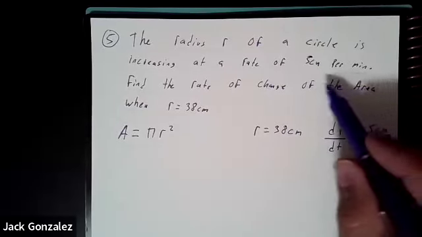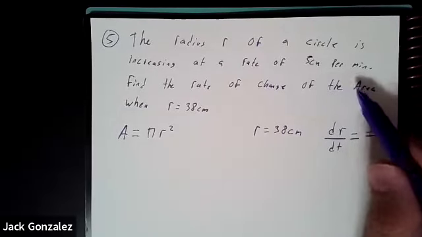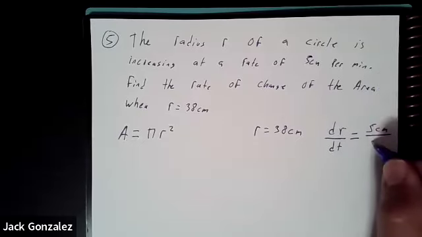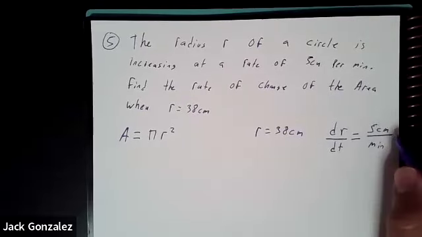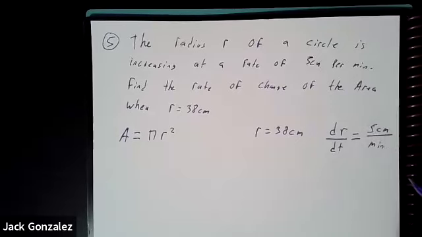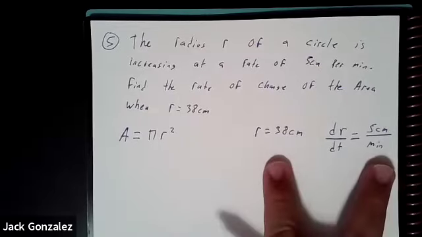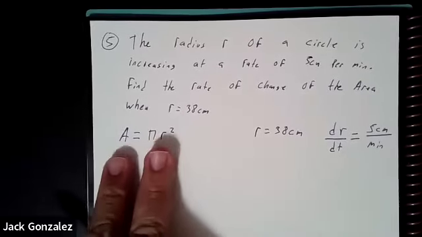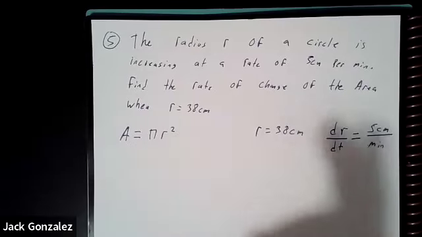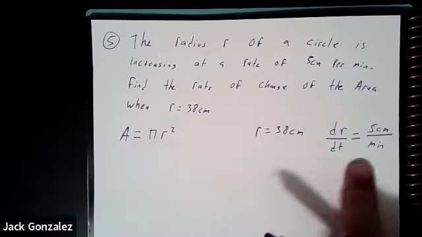It's a ratio, right? So for every 5 centimeters, it happens in 1 minute, 5 centimeters per minute. So per is actually just a division, a ratio, a fraction. Okay, so all this is given to us. This we have to write down ourselves and remember what the area of a circle is. Now we can begin. Any questions on the setup?